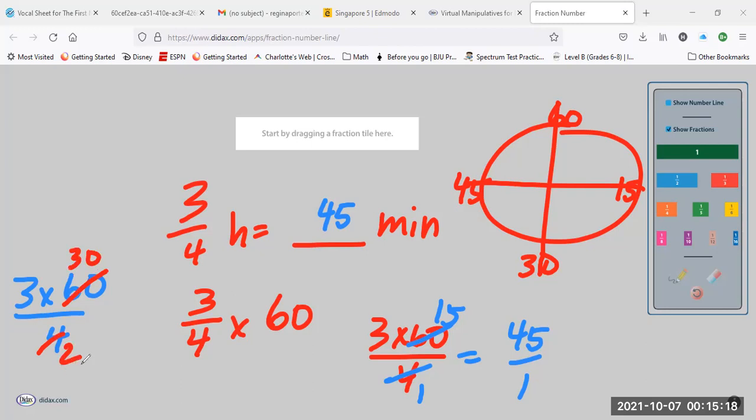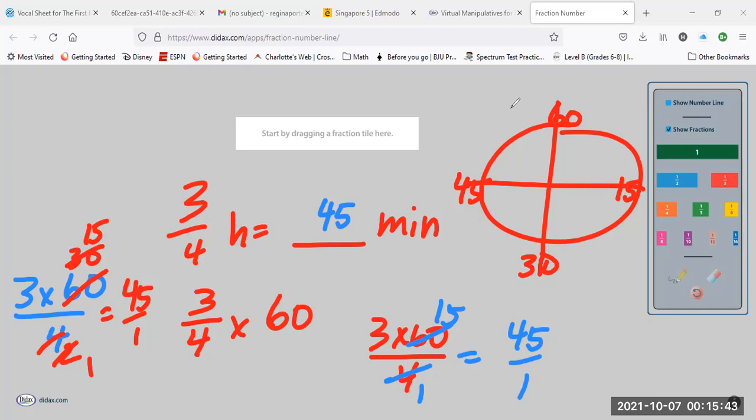That's all right, I can simplify again. 2 divided by 2 is 1. 30 divided by 2 is 15. Now I'm going to get 45 over 1, and my answer is still going to be 45 minutes. So you might even have a problem that took a little bit more work.